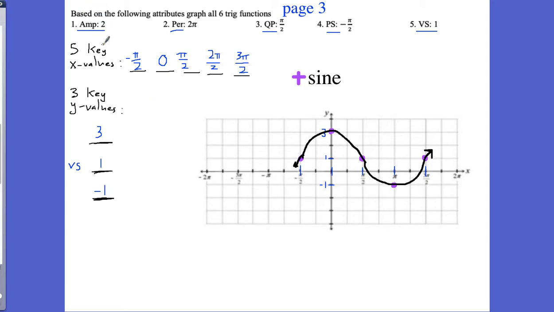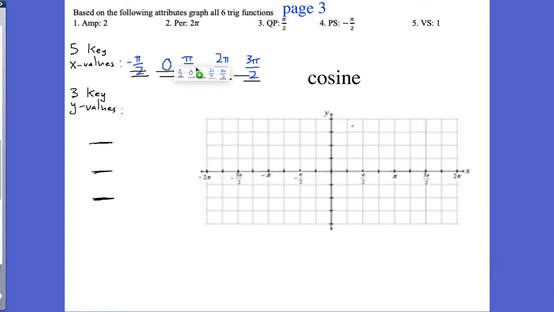All right, moving along to our cosine curve. It's going to have the exact same x values and y values, so I'm just going to screenshot those in. So y values are still 1, 3, and negative 1.